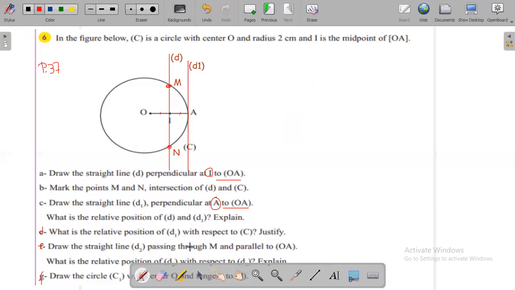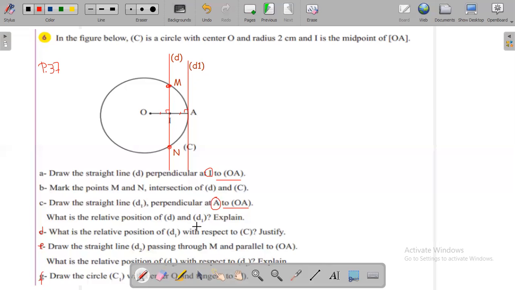First, we forgot to put a small square here because it is perpendicular to OA, and a small square here because it is also perpendicular to OA. Now, the question is, what is the relative position of D and D1, two straight lines?